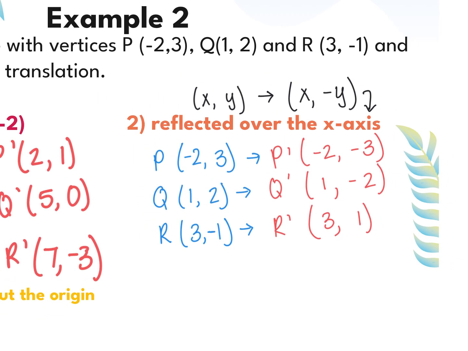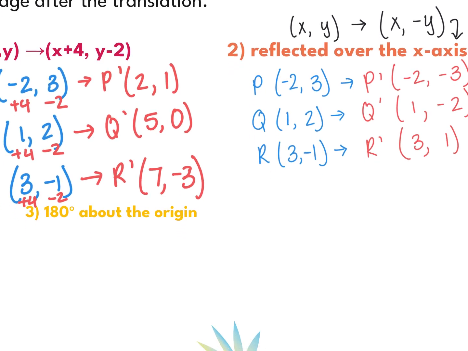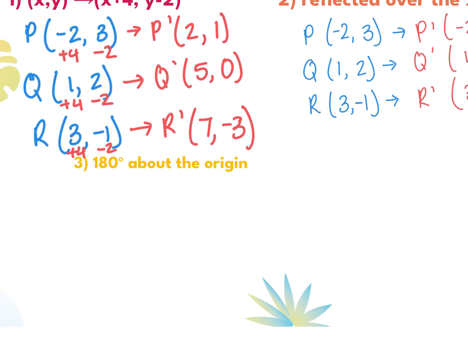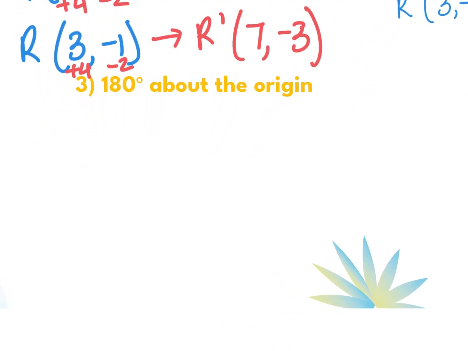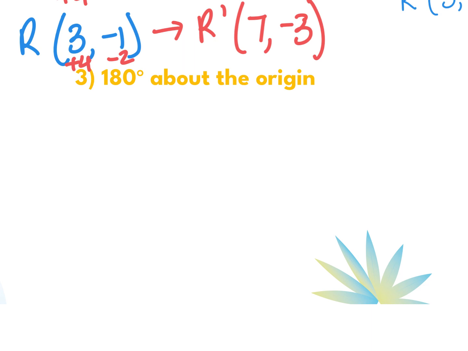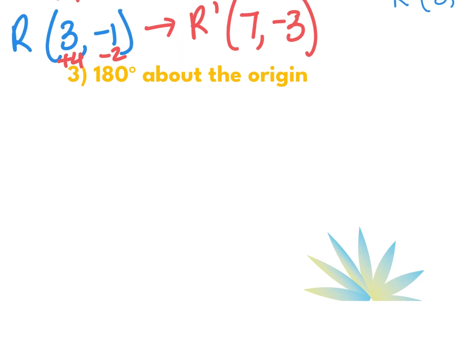All right, I got those coordinates, and now I'm doing my last one. 180 degrees about the origin. So that means I'm rotating 180 degrees from the origin. Normally for 180, you're not switching your X or your Y. You're just changing the sign.